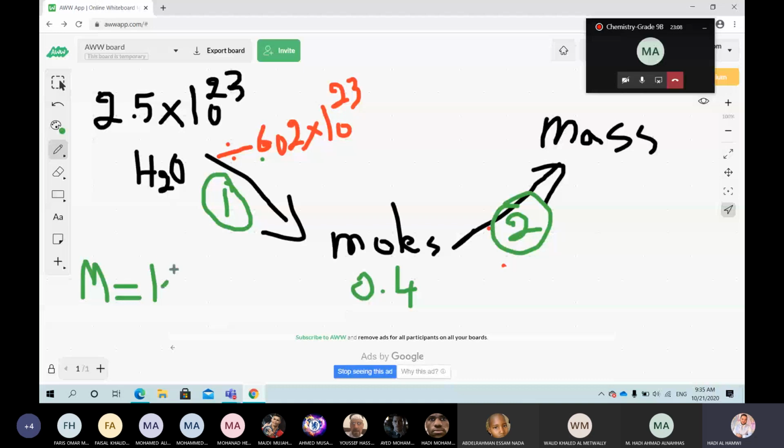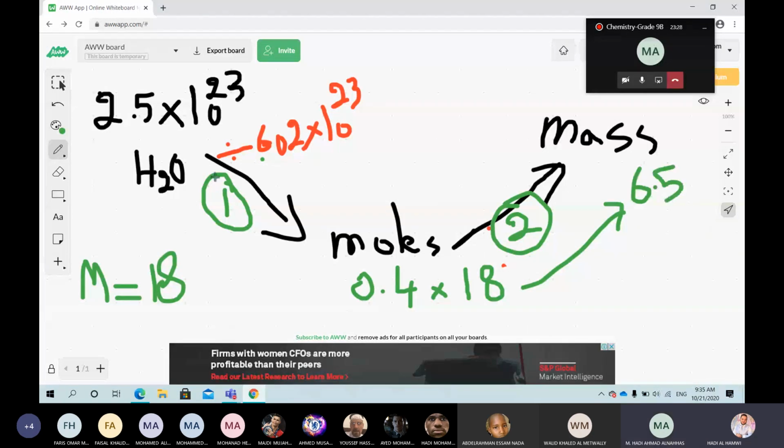So you just multiply the number of moles by the molar mass. 0.4 times 18 will be 7.2, so about 7.5. What is the unit? Grams, exactly.